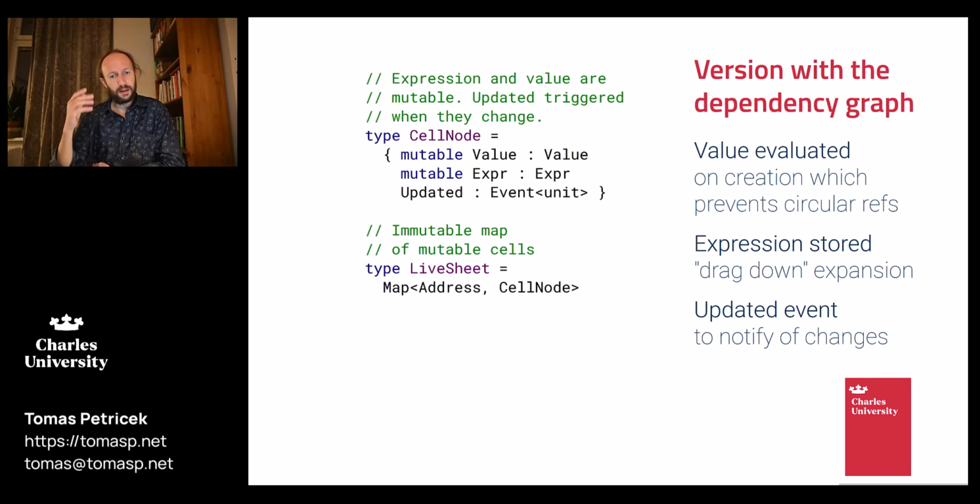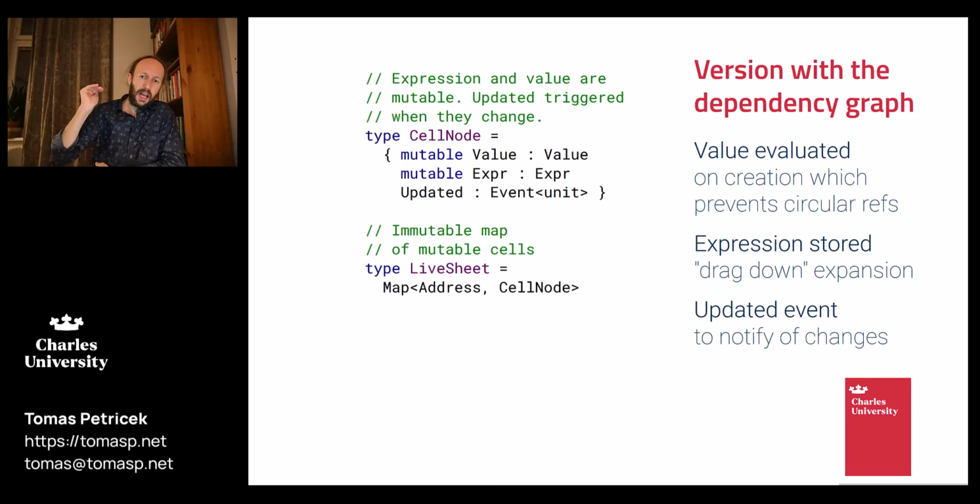And interestingly, we now have both value and an expression in the node. We need the expression because we always need to remember what code was there. In principle, we want to display that to the user. We also need it when you do the drag down operation, because then we need to access the original expression.